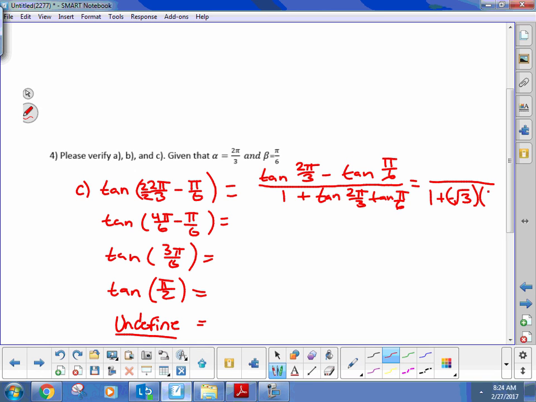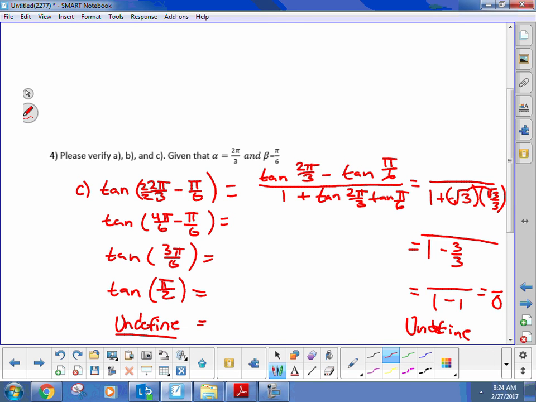So this is going to be the value square root of 3 over 3. So now let's go ahead and discover, I'm just going to work out the denominator for right now, because this is going to multiply with that and make negative 3 over 3. And there it is. This is really 1. 1 minus 1, which makes it 0. And this is how you prove undefined. So undefined. And this is how you get that result. So we go ahead and write down our proof, and we went ahead and discovered the solutions for A, B, and C. Okay.